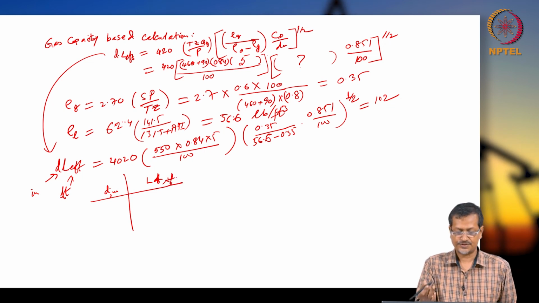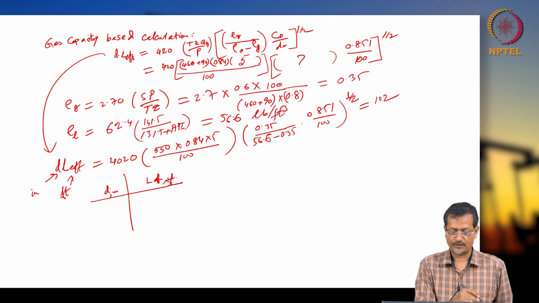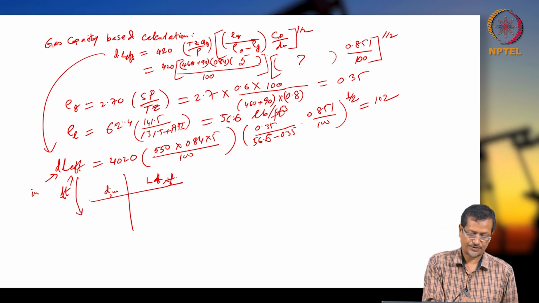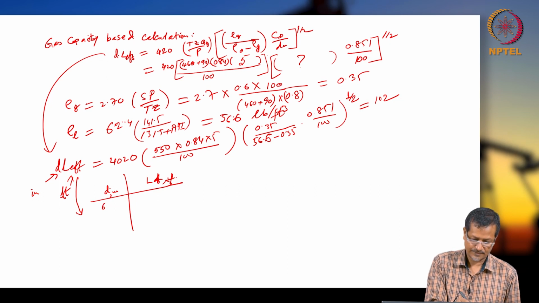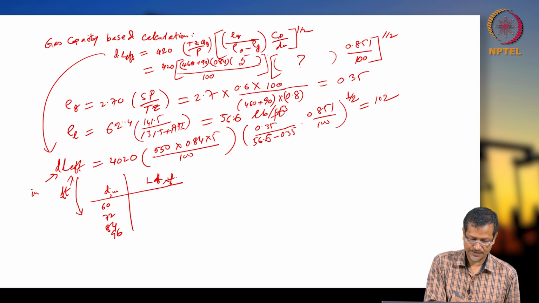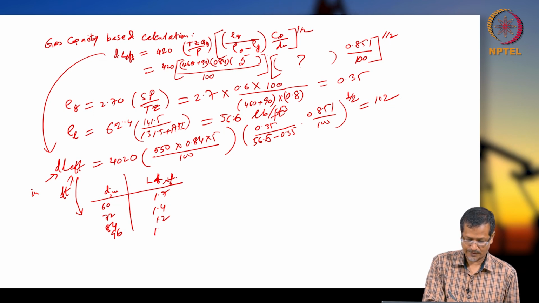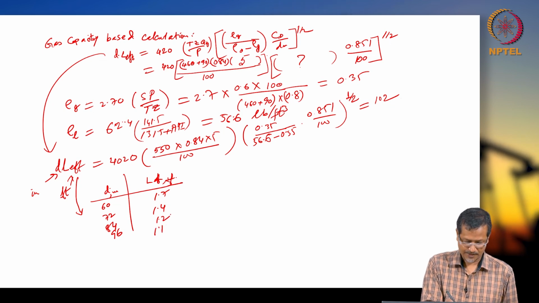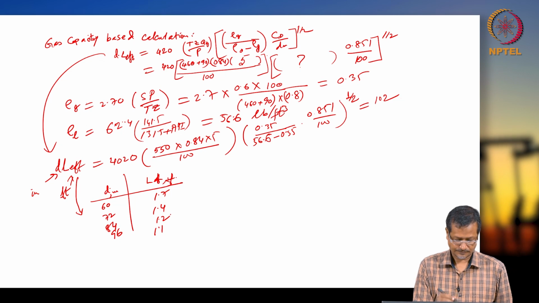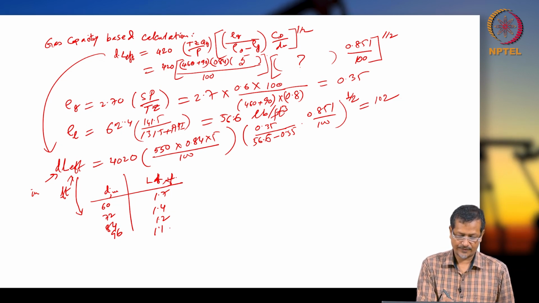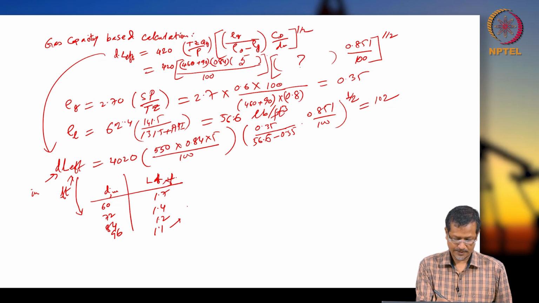If we change the D value, then the effective length will also vary. They initially assume 60, 72, 84, 96, and then the effective length comes out like 1.7, 1.4, 1.2.